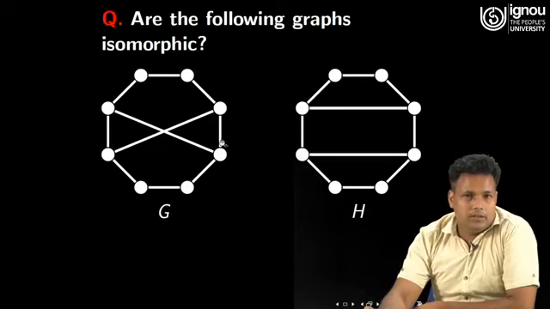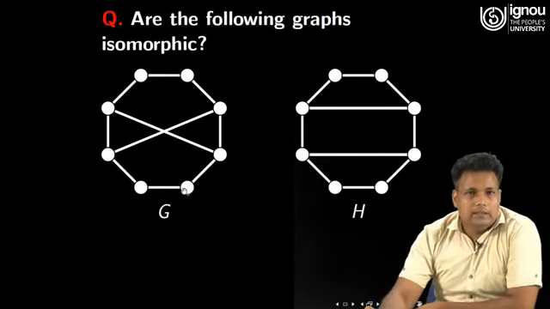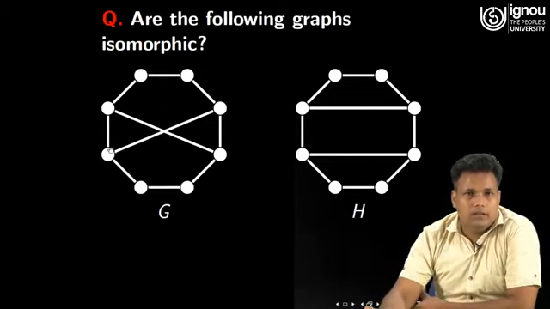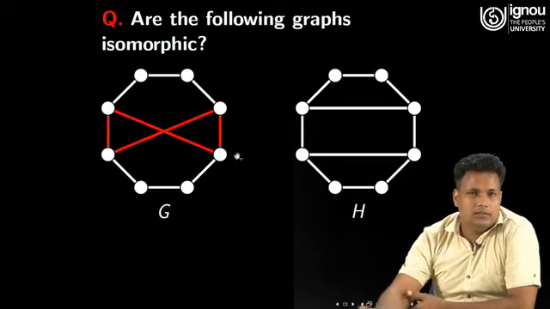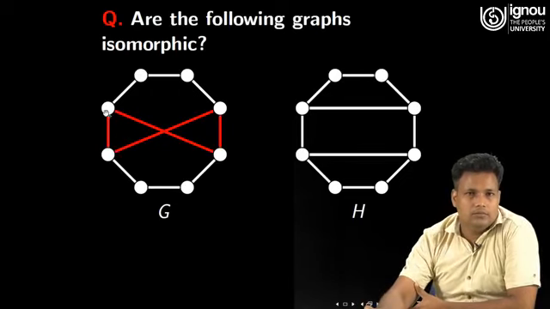They have a lot of properties in common, so let's look at some other properties. G has no triangle, and H also has no triangles. Let's look at cycles of length 4. Does G have any cycle of length 4? Yes, we can see that this is a cycle of length 4, a C4. Does H have any cycles of length 4?